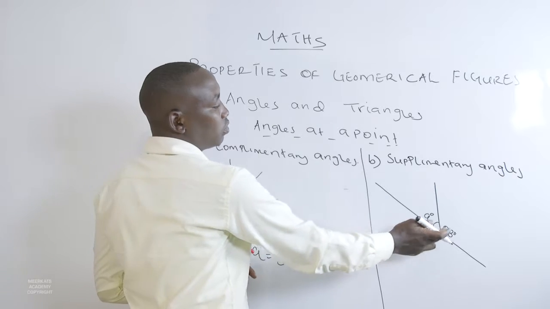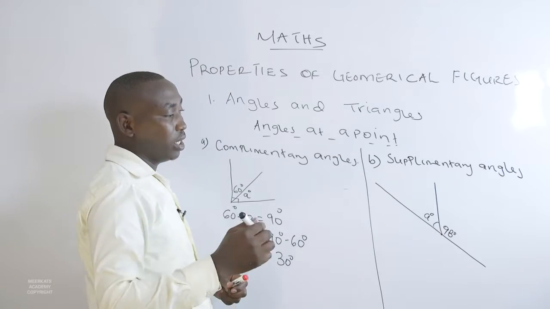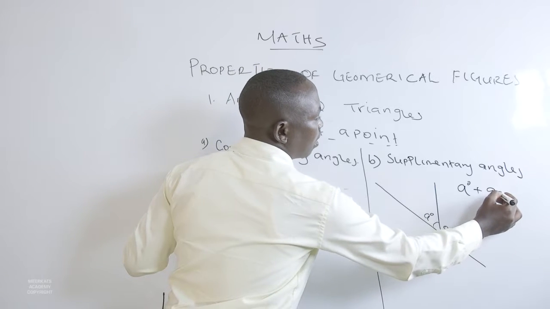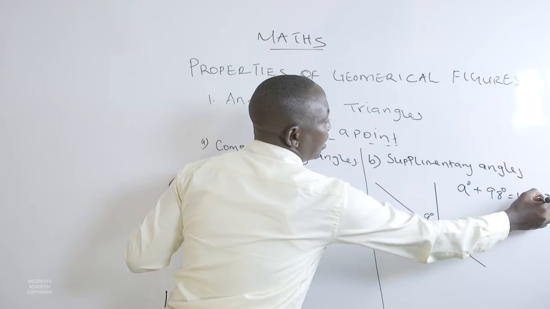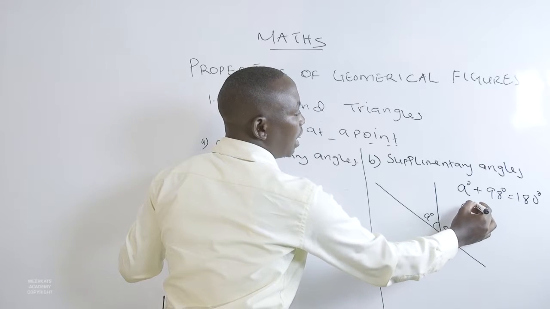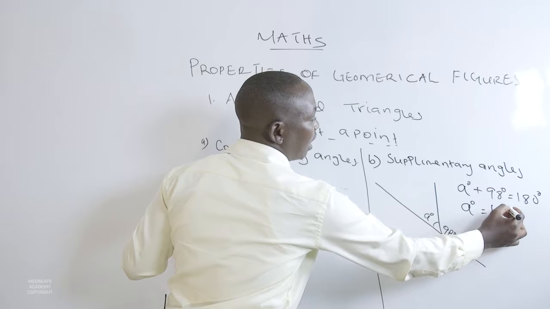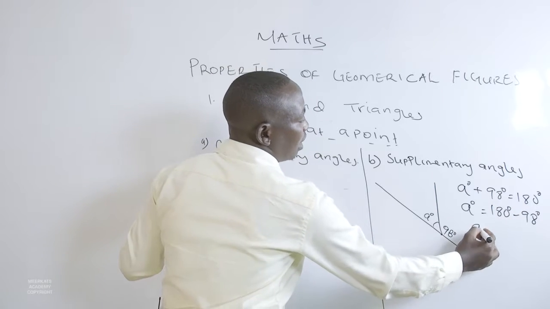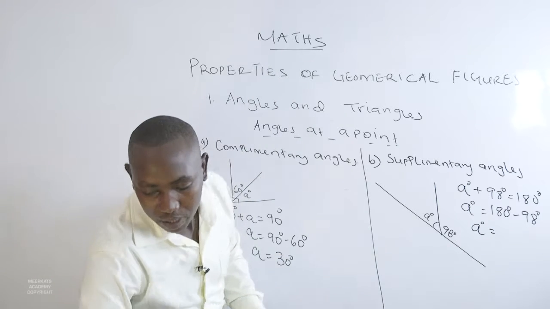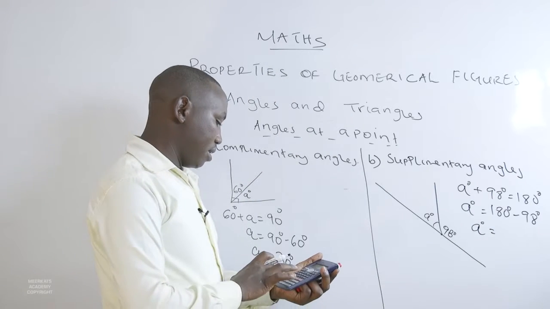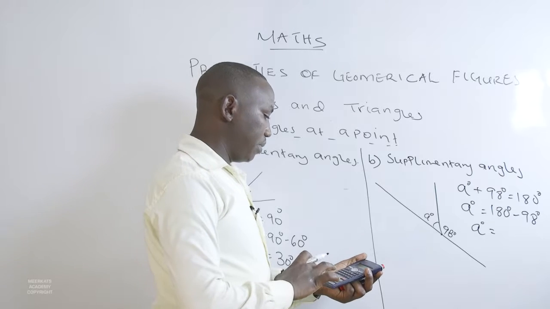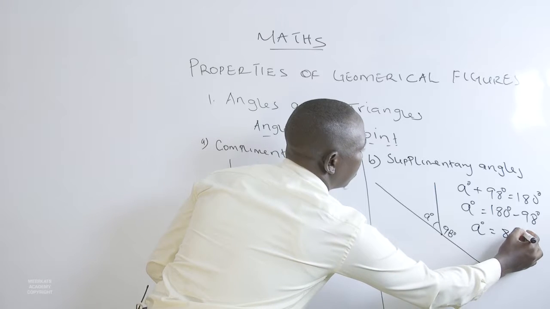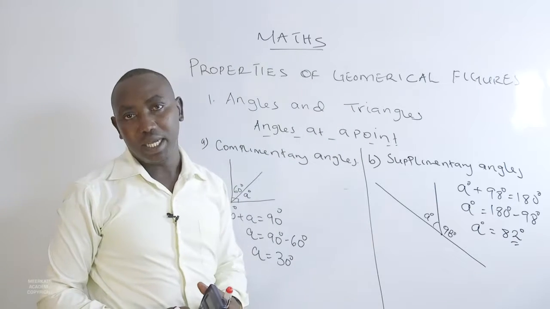Then to find the value of A, we use the property of supplementary angles, where these 2 angles are supposed to give us a straight angle, which is 180 degrees. So when you group the like terms together, that will be 180 degrees minus 98 degrees, and that will tell you that A will be 82 degrees.